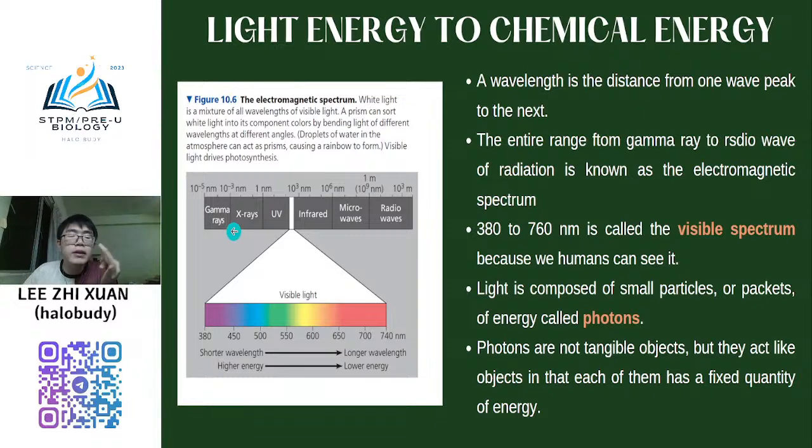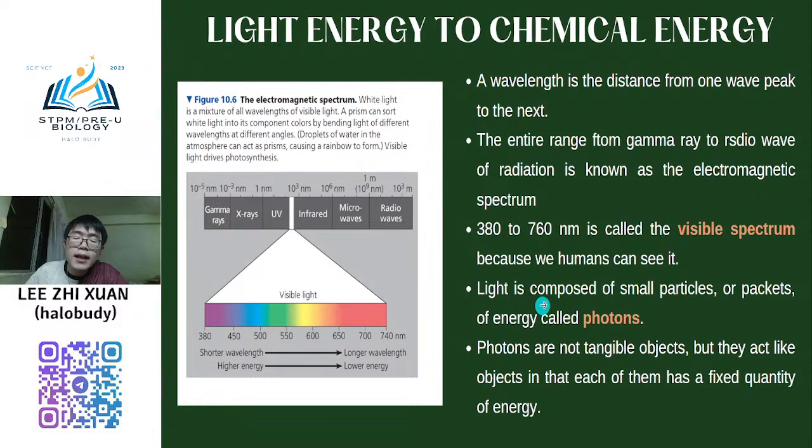We cannot use our eyes to check gamma wave, and also infrared, microwave, and radio wave, we really cannot see them. But visible light is the wavelength that we can observe. The entire range from gamma wave to radio wave is the electromagnetic spectrum. So this one is the general definition.